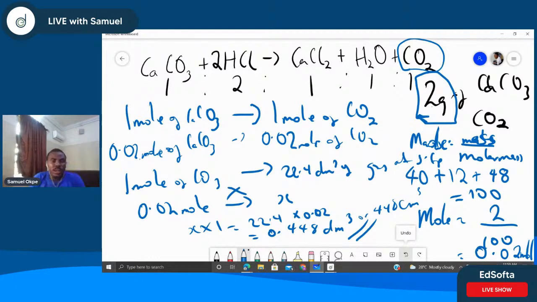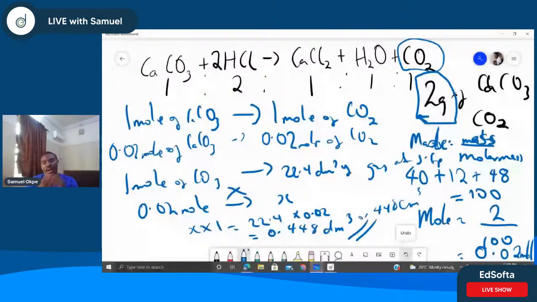So you see, what is very, very important is balancing the equation, then writing out the mole ratio. With the mole ratio, you can now begin to solve the question using your formula such as mole is equal to mass over molar mass.